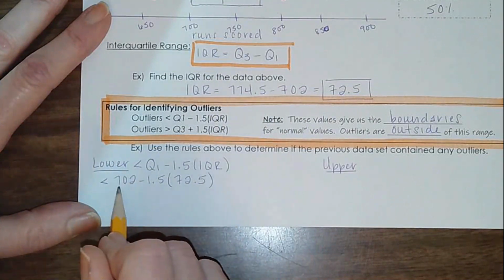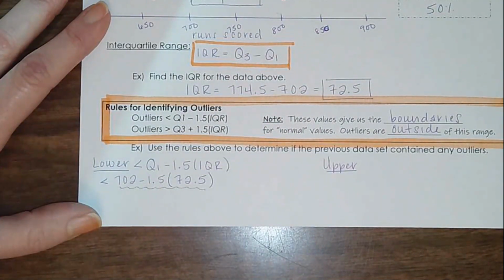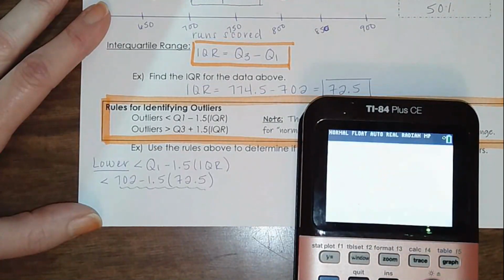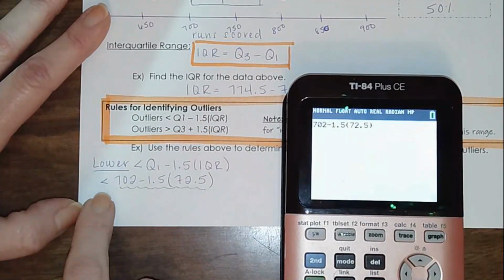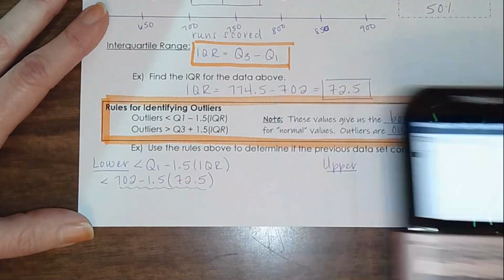So plug this number directly in your calculator. So 702 minus 1.5 times 72.5. Outliers in the lower direction would need to be less than, did you guys get 593.25?